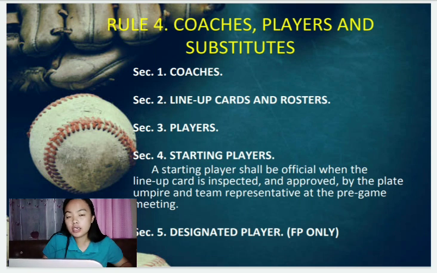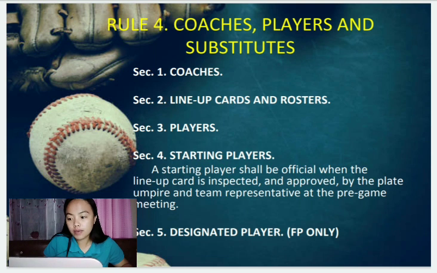Next is section 5, the designated player. A designated player, referred to as a DP, may be used as a batter for any defensive player provided it is made known prior to the start of the game and his name is entered in the lineup sheet.